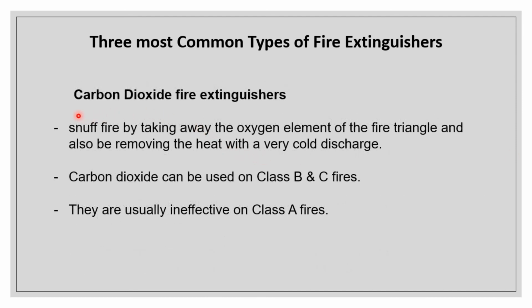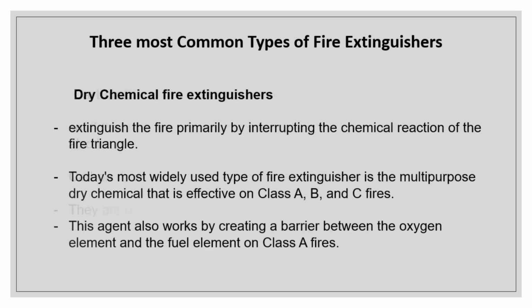We have another, carbon dioxide fire extinguishers. It snuffs fire by taking away the oxygen element of the fire triangle and also removing the heat with a very cold discharge. So carbon dioxide can be used on Class B and C fires. They are usually ineffective on Class A fires. And the dry chemical fire extinguishers.